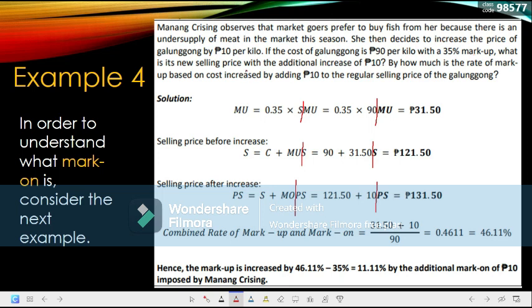So first and foremost, we're going to get the markup. So we have here the markup is equal to 0.35 times the selling price. Then markup is equal to 0.35 times 90.